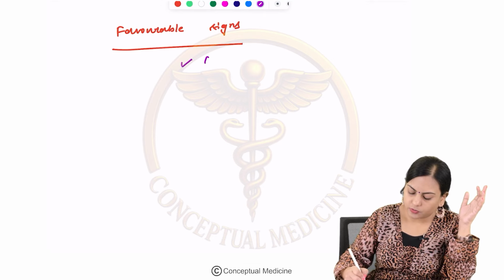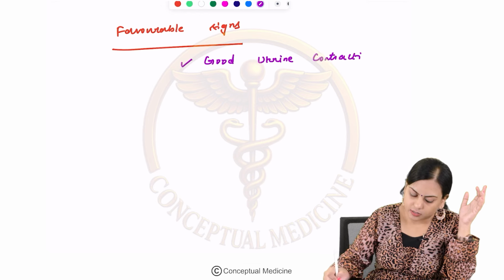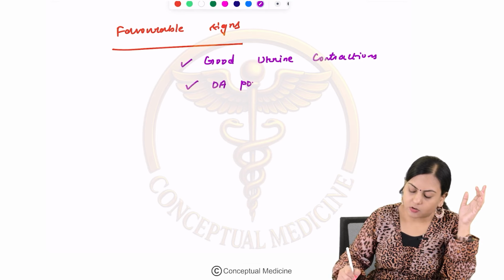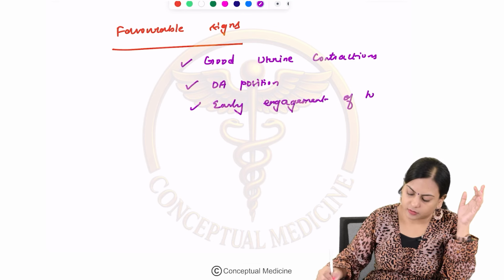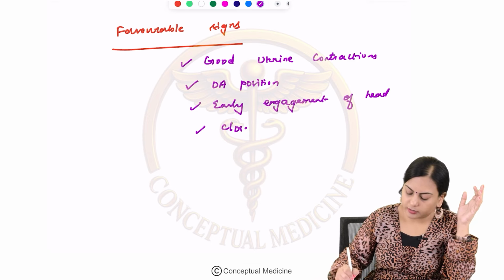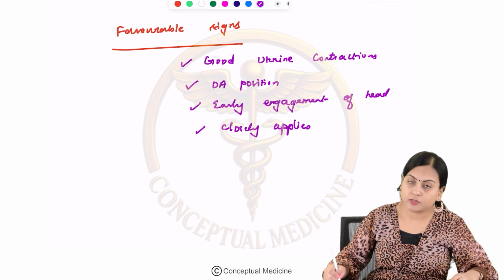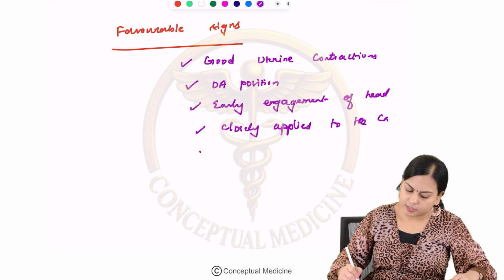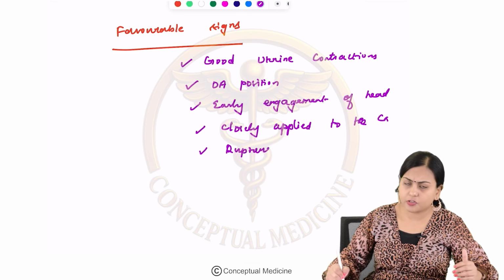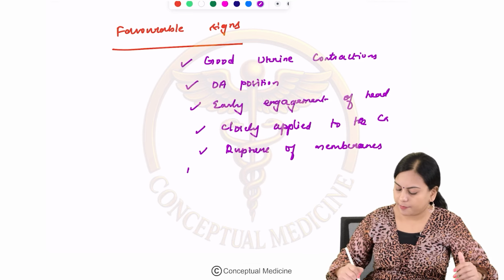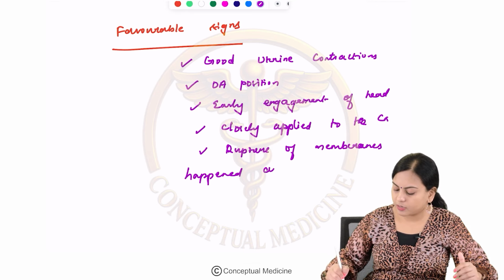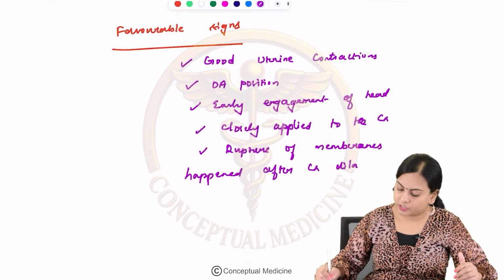Clear? So, what are the favorable signs that it can end up in a natural labor? Okay. So, if there are good uterine contractions, the baby is in an occipito-anterior position, there is early engagement of the head, and the fetal head is closely applied to the cervix, and rupture of membranes happened after cervical dilatation.